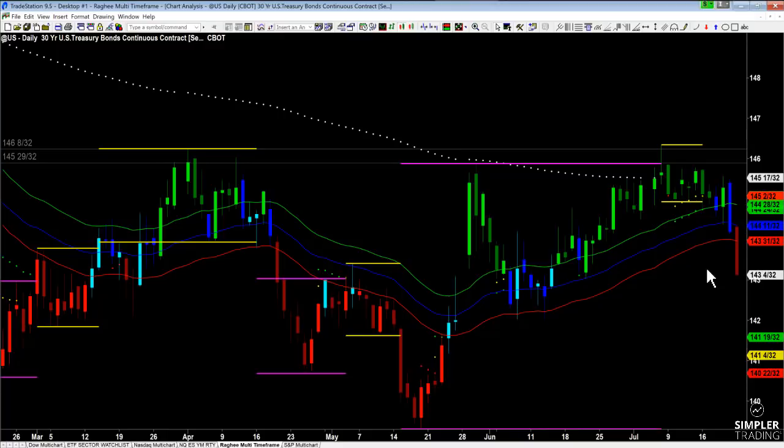So number one, when you're playing bonds specifically, keep an eye on when we roll from June to September, September to December, because the differential between the previous front month and the soon-to-be front month can create some fairly significant gaps. You want to keep an eye on when those gaps may occur, approximately 1 to 2 weeks from last trading day. All right, that's number one, specific to this market.